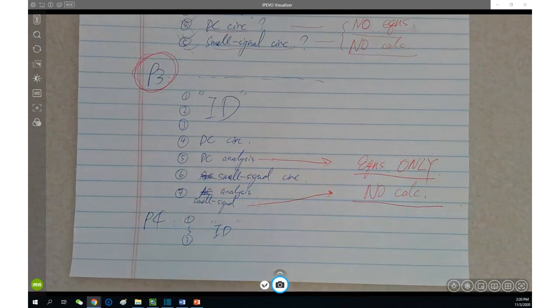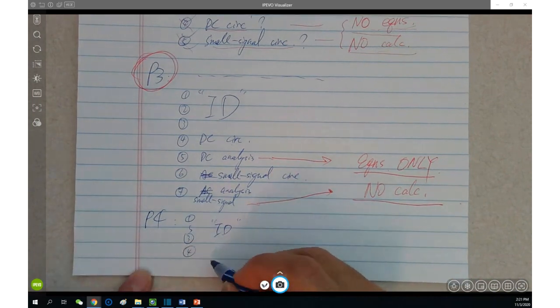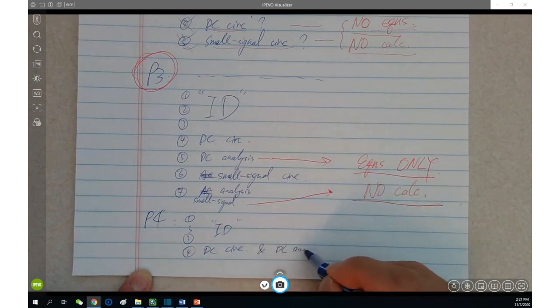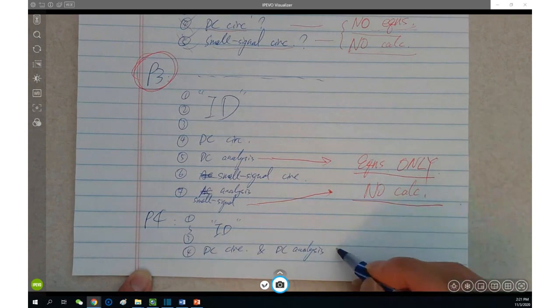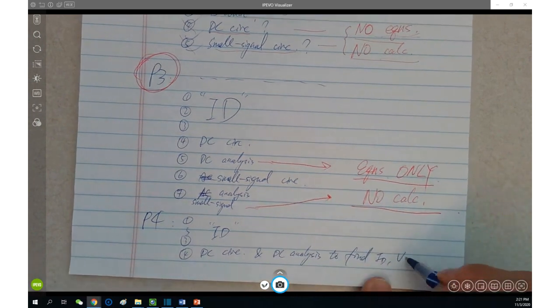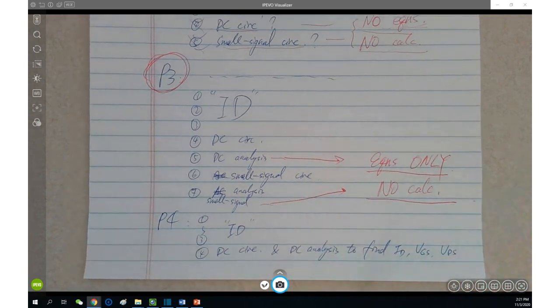It's all depending on the given problem. You read the problem and the questions carefully. It's all up to your careful reading. And then what do you need to do next? You need a DC circuit and DC analysis to find values for different variables, voltage or current.